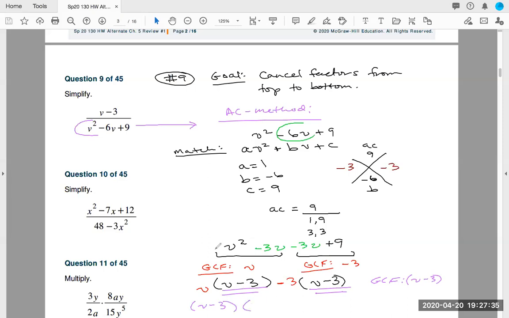And then we also have a v -3 left over from here. Okay, so let me kind of loosely box this so that we know it's not the final answer yet. I'm going to save that picture, and then I'm going to clear everything out.